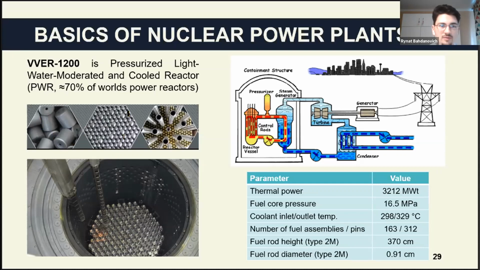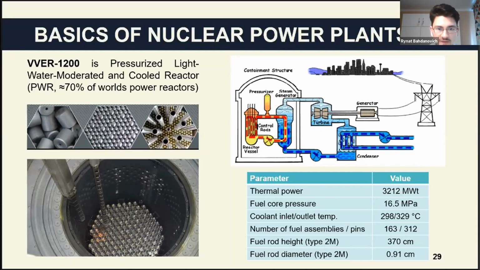They are put into cladding made of zirconium, and cladding tubes are put into fuel assemblies. And 163 fuel assemblies are put into the fuel core. Here you can see it. The fuel core is located here, inside the reactor vessel.